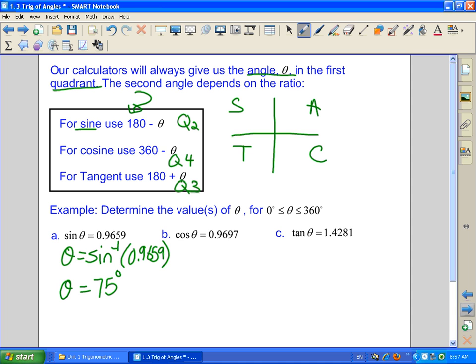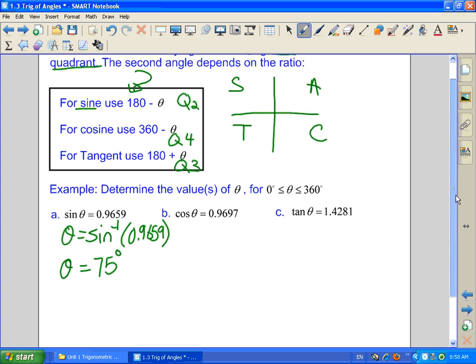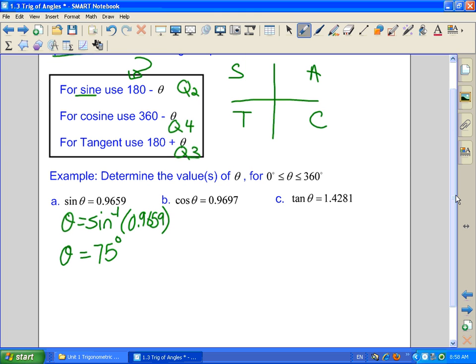Because it is the sine ratio, and this is in quadrant 1, what other quadrant does it exist positively in? It exists positively in Q2. So to find your second angle, second theta equals 180 subtract your reference angle of 75, and you're going to get 105 degrees.